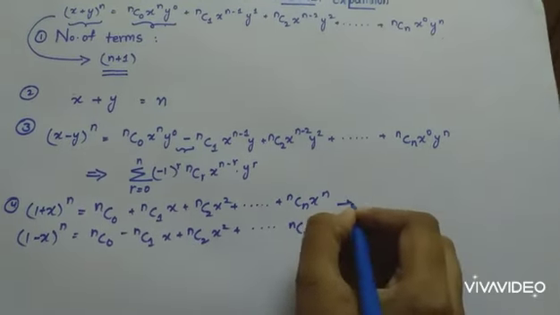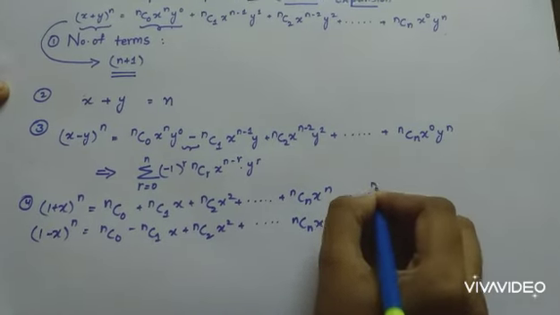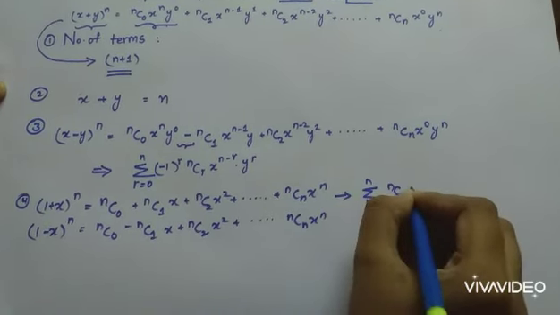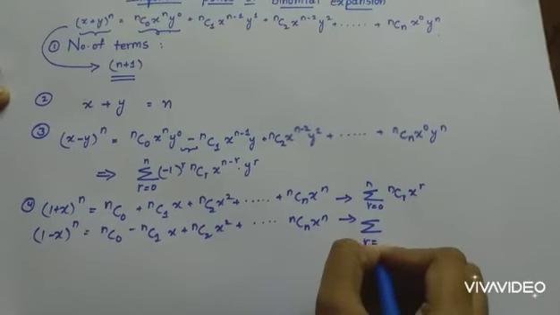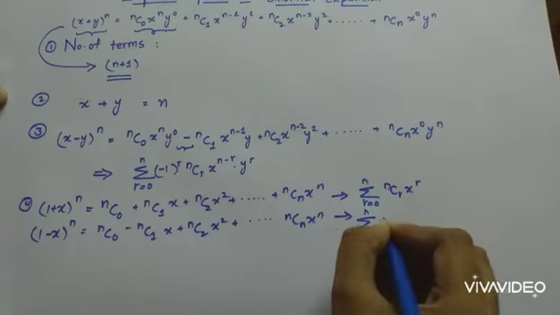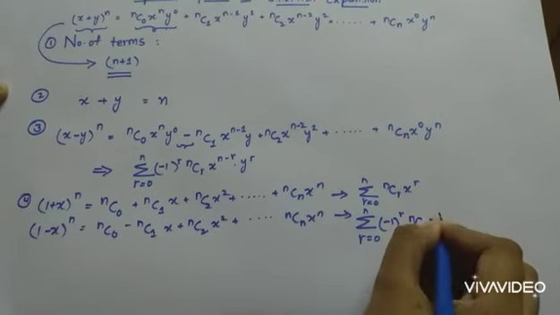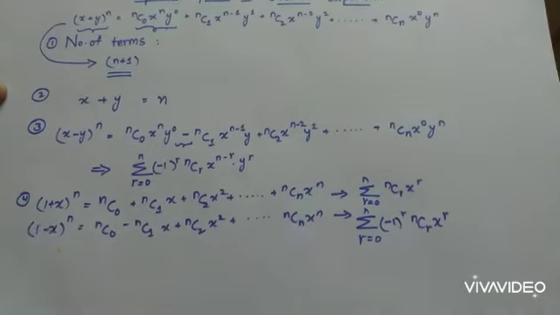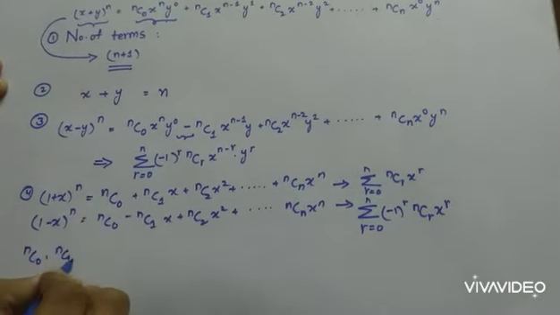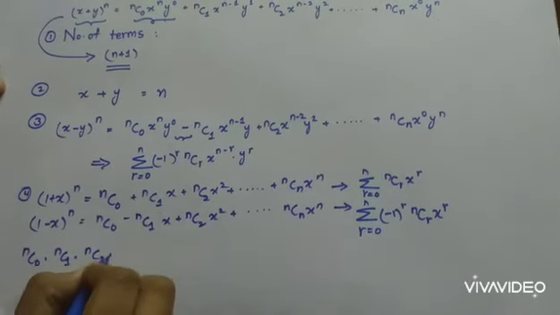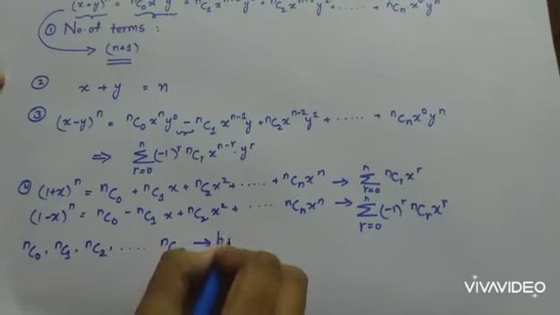These both can be written in this general form as the sum over r equal to 0 to n of nCr into x power r, and this as the sum over r equal to 0 to n of (-1)^r into nCr into x power r. Now in the expansion, nC0, nC1, nC2 and so on up to nCn are called binomial coefficients.